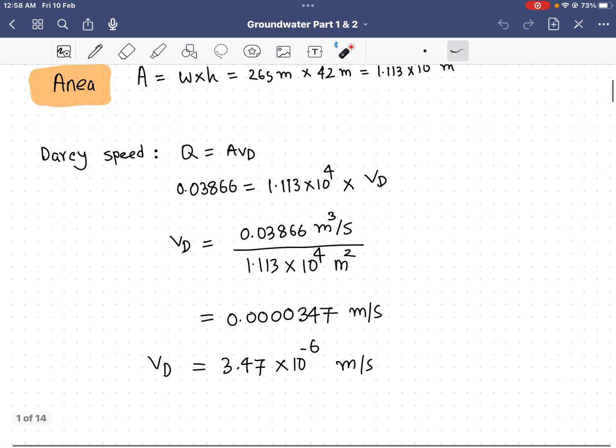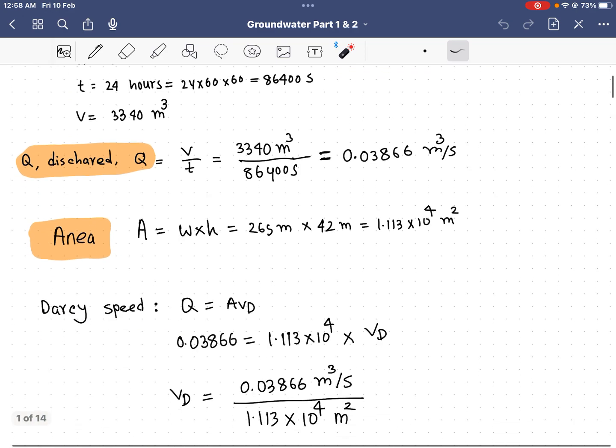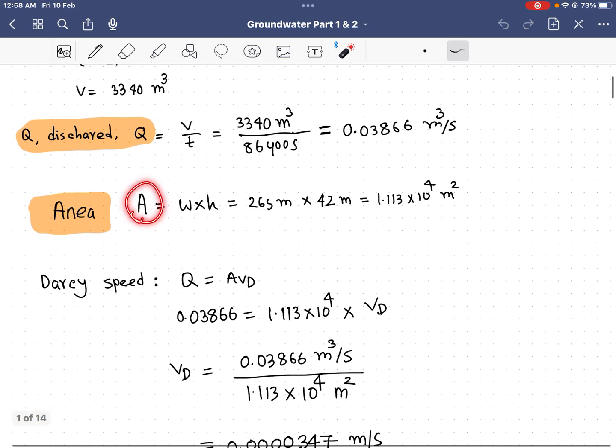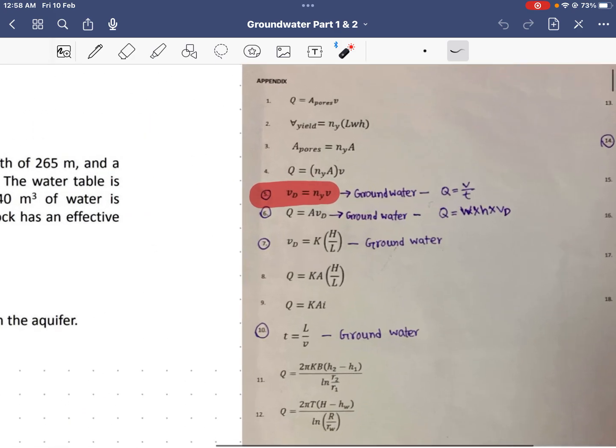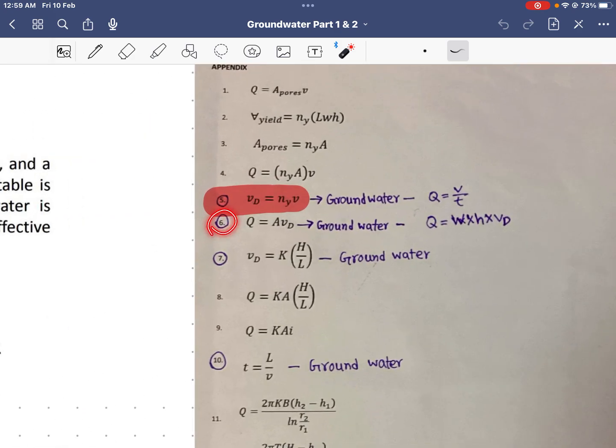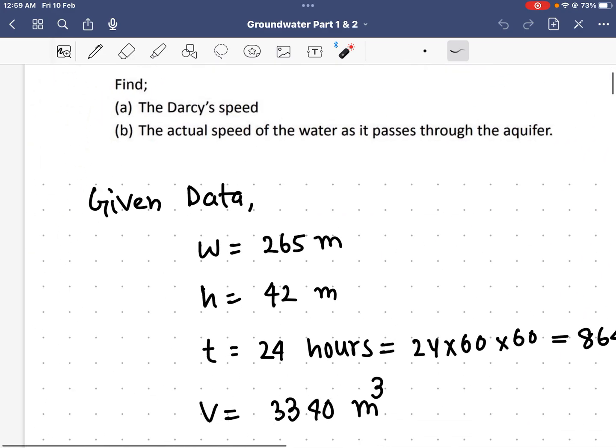Now we have A and also Q, so now I can get the Darcy speed. I will use the formula from the appendix. You can see here, this is the formula we can use: Q equals A times V_D.